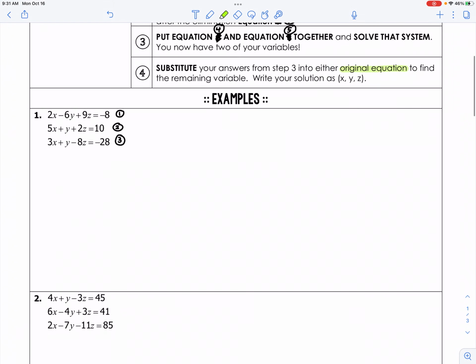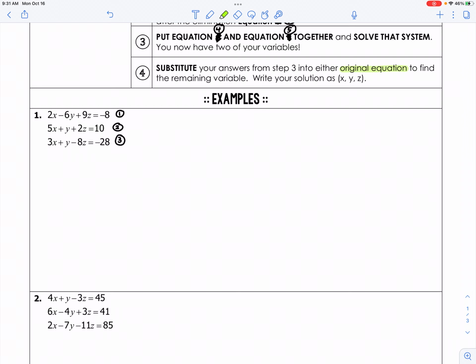So looking here at equations 1, 2, and 3, we have 2x minus 6y plus 9z equals negative 8. 5x plus y plus 2z equals 10. And then I see 3x plus y minus 8z equals negative 28.